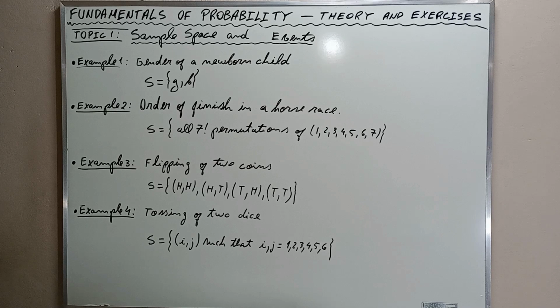The outcome 2, 3, 1, 6, 5, 4, 7 means, for instance, that horse 2 comes in first, then horse 3, and so on.